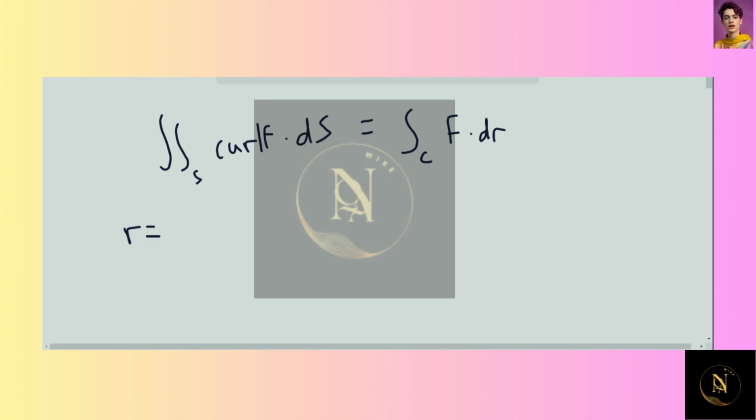Our r will be 4 sine t i, our j will be 0, then our k will be 4 cosine t k.